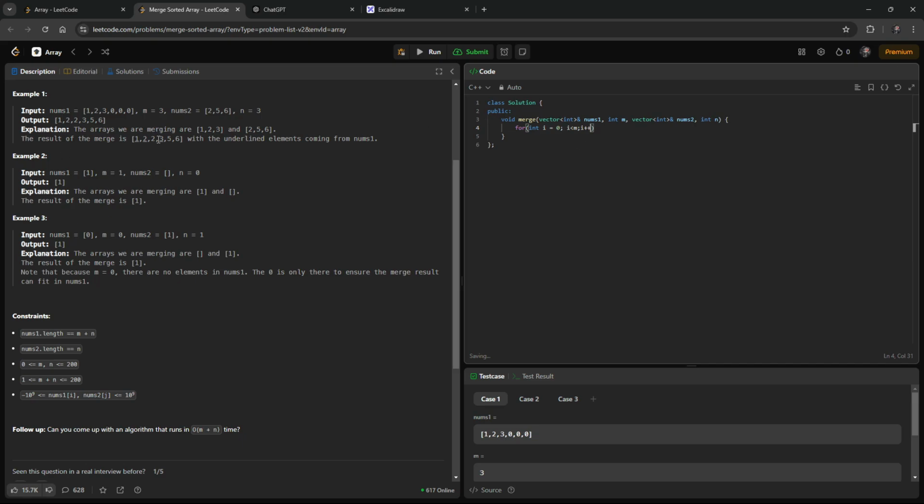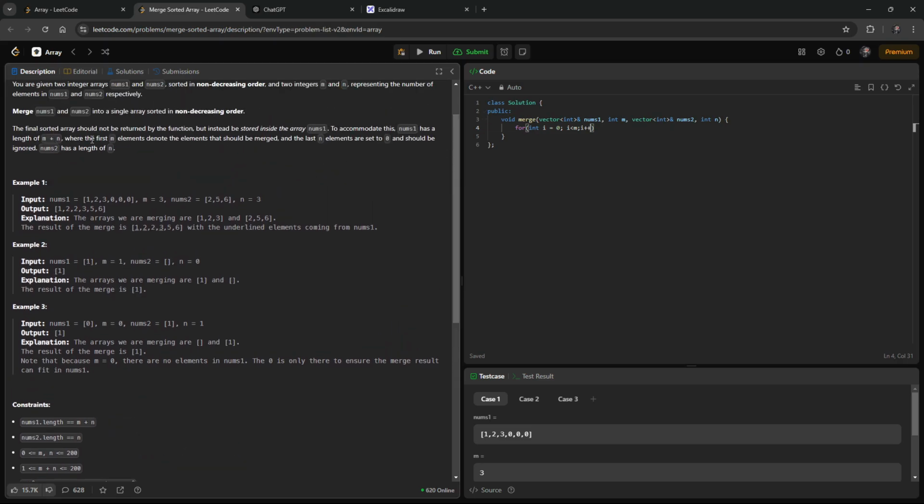The question is saying that nums1 has a length of m plus n, where the first m elements denote the elements that should be merged. Yeah, that's what I thought. So m is the length of the first element here, right? Yes. So the length of m is 0 here. So I could simply write here i from m, i less than m plus n, i plus plus.